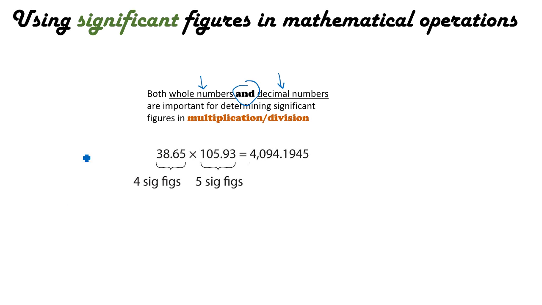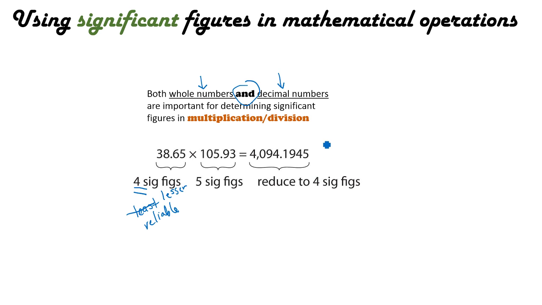Again, we are going to be limited by the weakest measurement, the least reliable measurement. He's the least reliable of the two measurements. I mean, come on, English, what are we doing? The lesser reliable? Yeah, maybe. Okay, I'm not your English teacher. So there are 5 significant figures in this number, and there are only 4 in the other. So over here, we're going to be reduced to 4 significant figures.